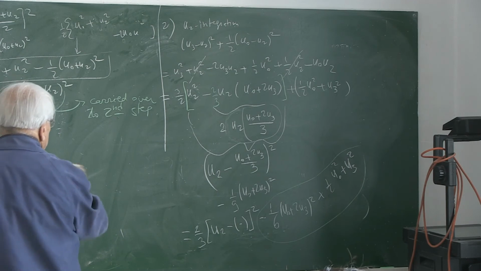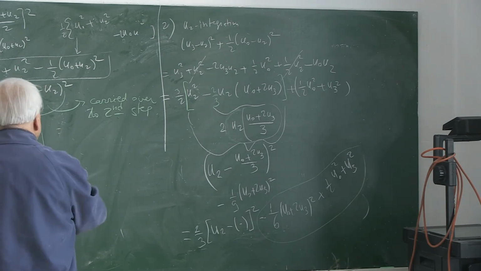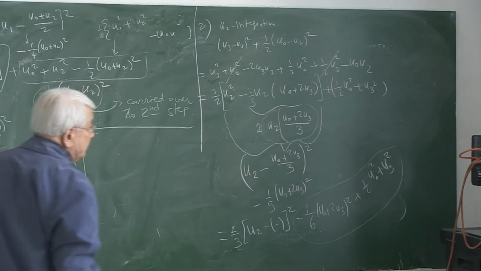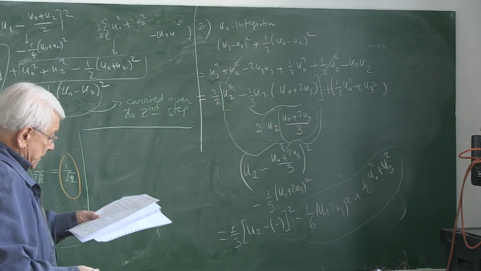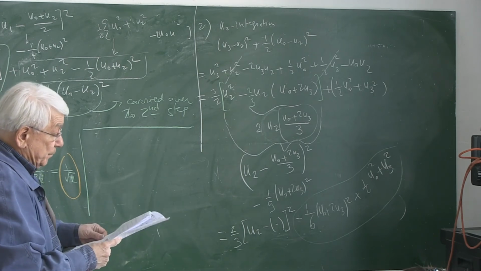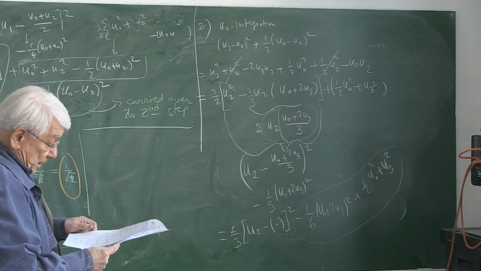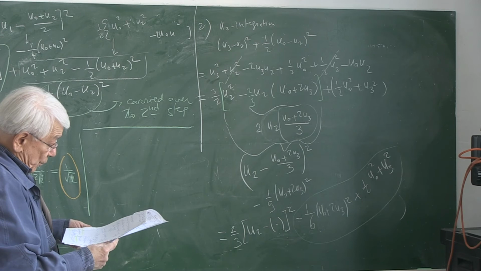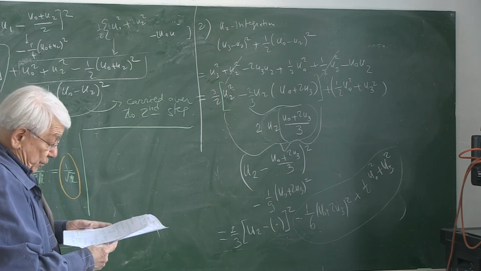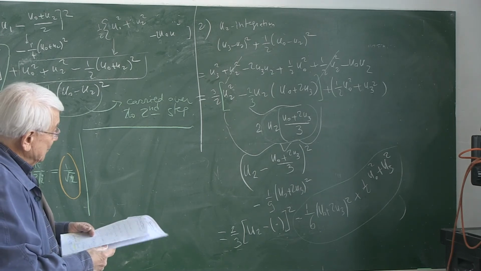I will do it in here and then I will move to the left corner because I want to keep them under control. So what is that extra piece? Now let me demonstrate that that extra piece is also very simple, like 1/3 u3 minus u0 squared.